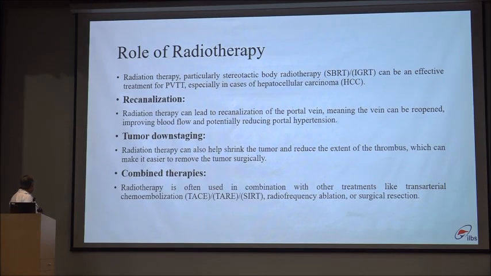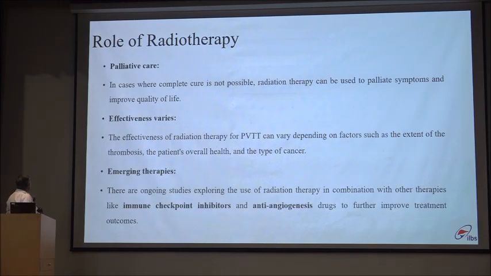Combined therapies: radiotherapy is often used in combination with other treatments like TACE, TARE, SIRT, radiofrequency ablation or surgical resection. It can also be used as palliative care where a complete cure is not possible.